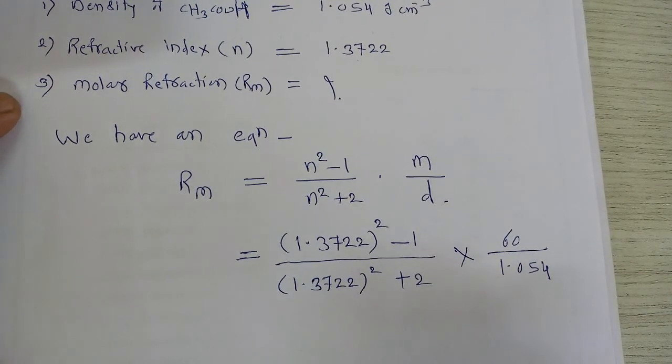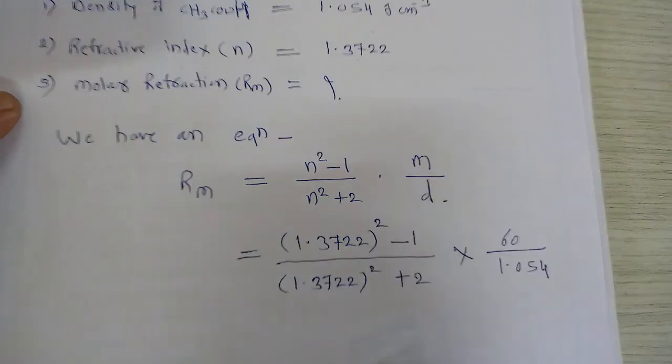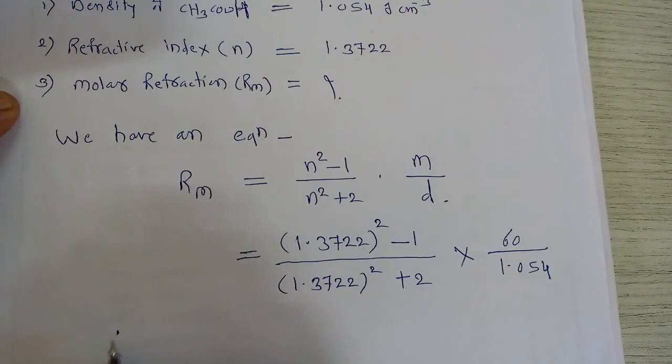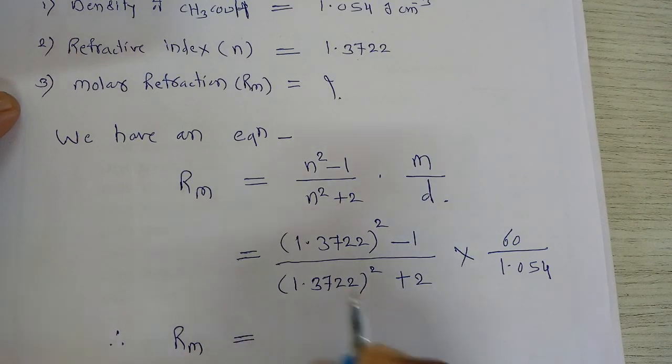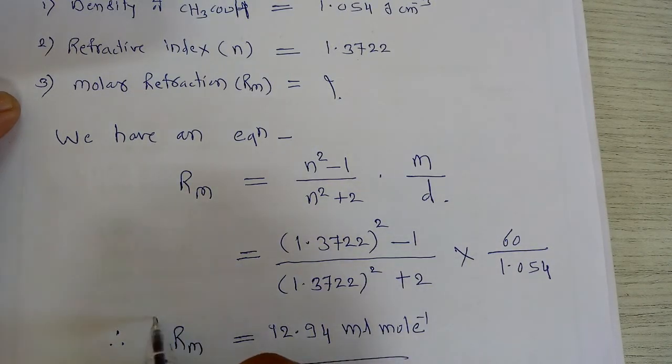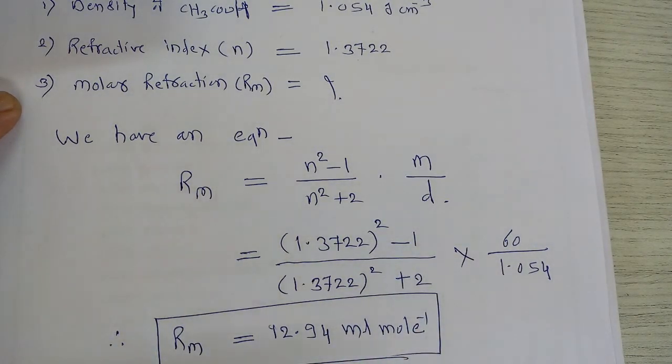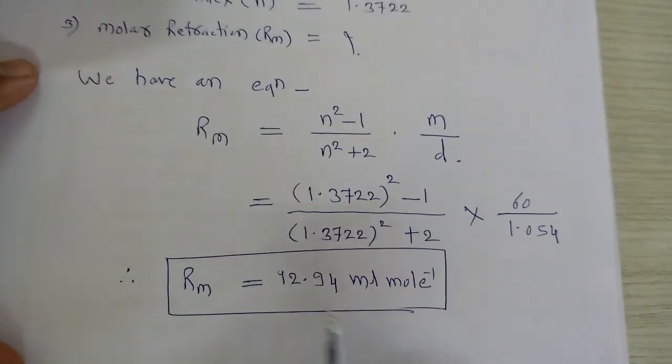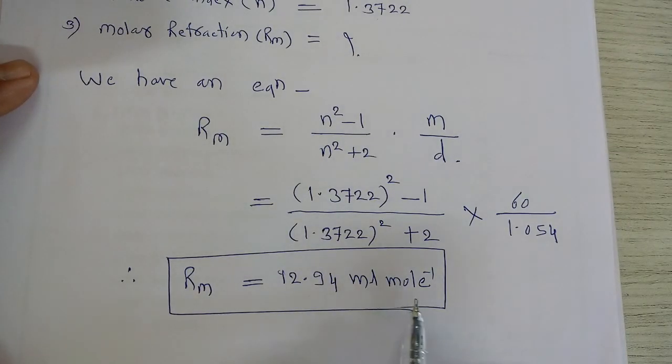So if we solve this simple equation, the molar refraction for acetic acid comes out to be 12.94 ml per mole. So this is the final value for the molar refraction of acetic acid.